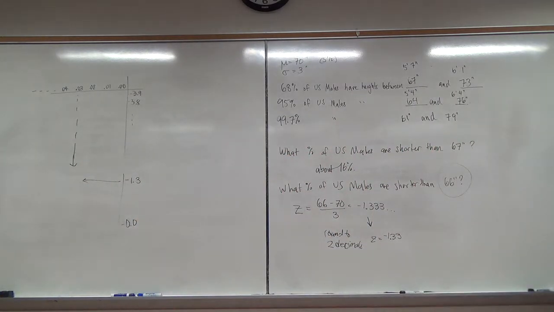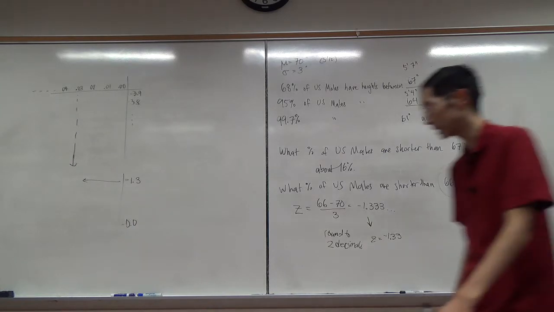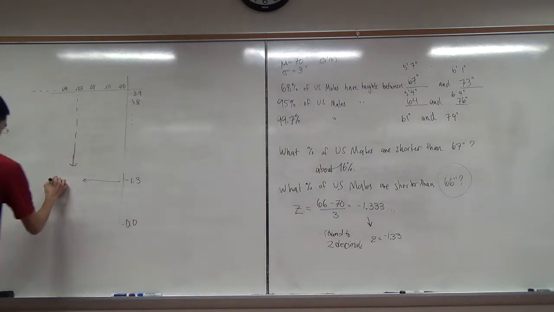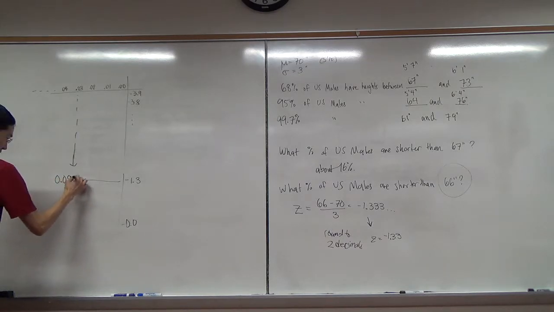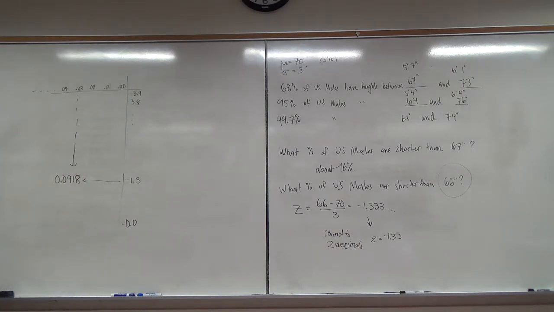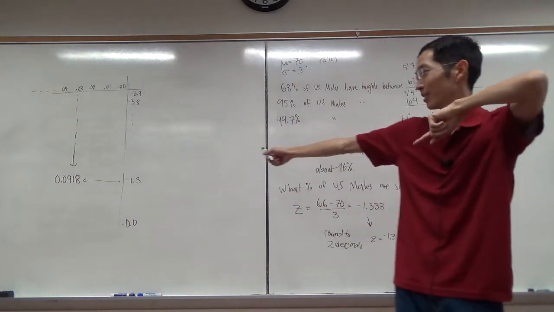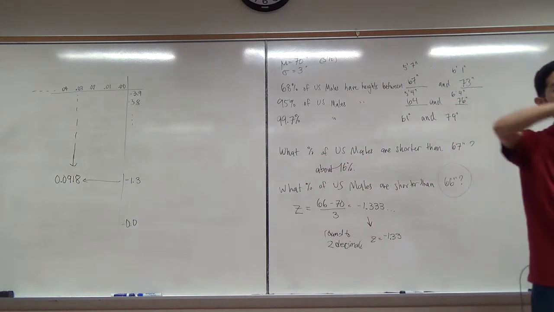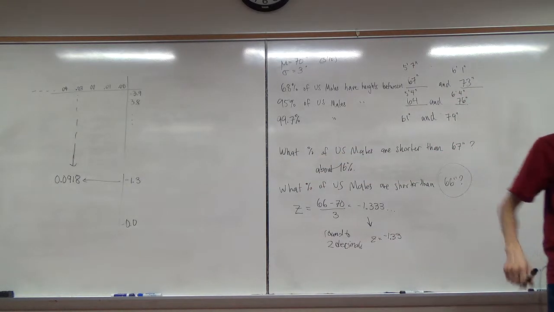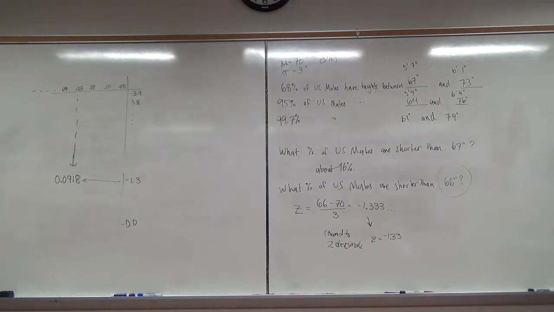And when I look up negative 1.33, the number in the table is 0.0918. Those of you who have your book, is this matching what you are looking at? Yeah. Okay, good. And we understand how this works then.